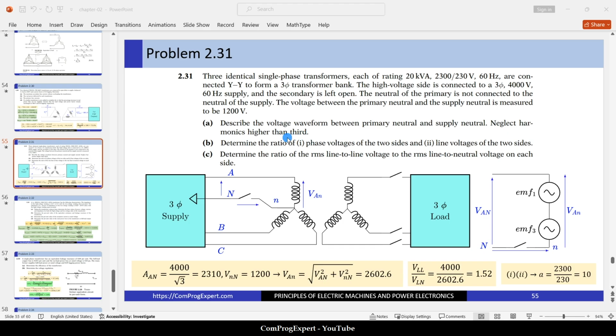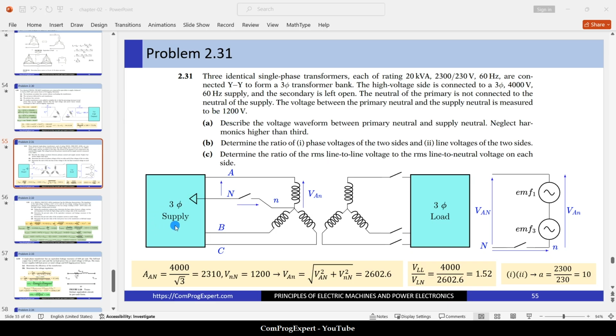Only consider the third harmonic in calculations. B. Determine the ratio of phase voltage of the two sides and line voltage of the two sides. C. Determine the ratio of the RMS line to line voltage to the RMS line to neutral voltage on each side. So, how can we solve this problem, and what is this voltage?